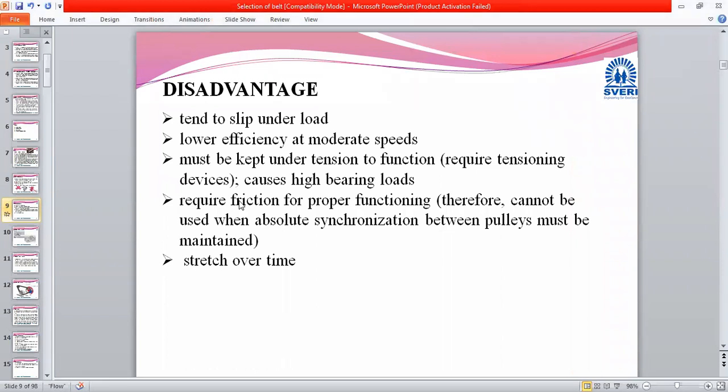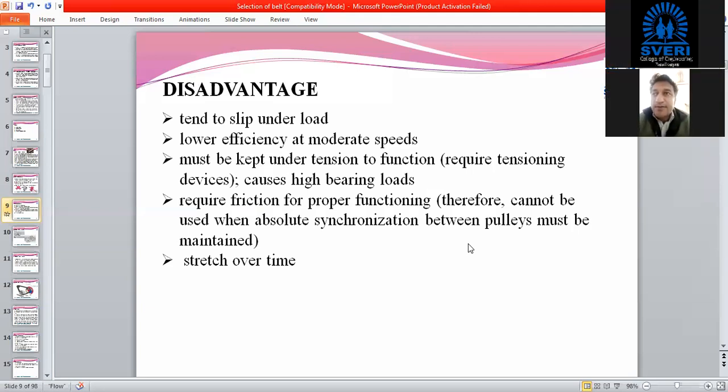And you can see here the disadvantages of flat belt. Already yesterday I have told you that you can add two more disadvantages in this, because this is not a big task to understand what the disadvantages are. But the major disadvantage we have seen is that these flat belts tend to slip, which we can put into advantage also.